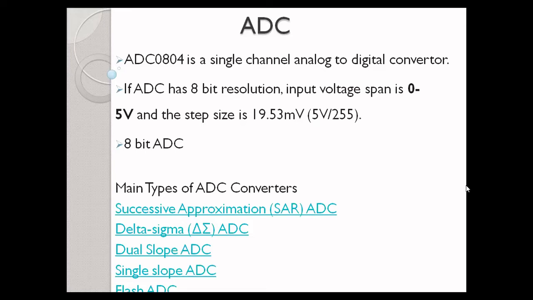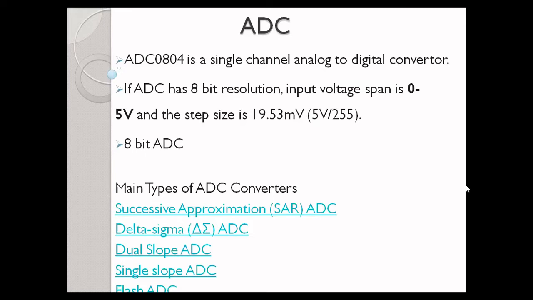Already you have studied them in measurements and instrumentation and LIC subject. Next, there are 8-bit ADCs available, 4-bit ADCs, 10-bit, 16-bit, 32-bit. So 32-bit means the resolution will be very high. So a small, minute voltage is converted into a digital.